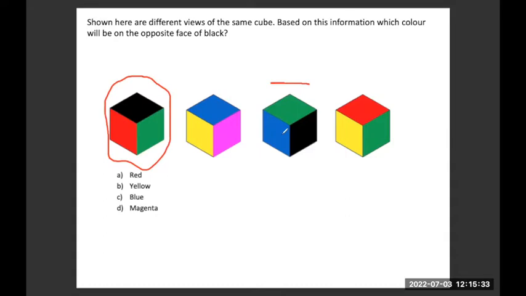So the colors connected to black are red, green, and blue. Now I'm left with the third side, which could be yellow or magenta. As I can see here, blue is connected with yellow and magenta, and red is connected with yellow and green on one side.